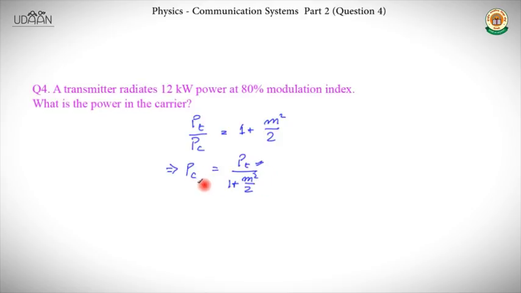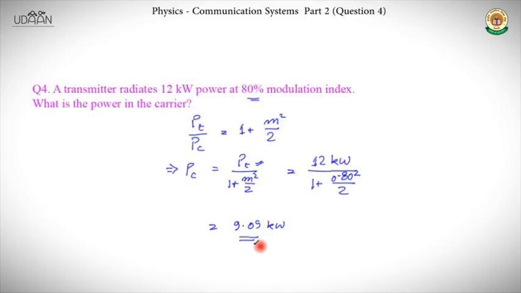So it is fairly easy to find PC just by substituting the values. So here you have 12 kilowatt, and then you have this as 1 plus, since it is 80%, it is 0.80 divided by 2, and you square this value. So this comes out to be 9.09 kilowatts, which is the required answer.